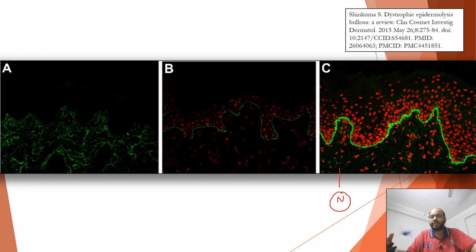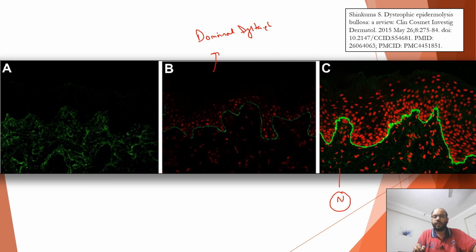And when collagen 7 is normal, it will appear as a normal, linear, uninterrupted, unbroken strand of immunofluorescence, like we see in figure C. In figure B, we see reduced expression. Can you see that it is broken, less lighted? Okay, so reduced expression is seen in dominant dystrophic.